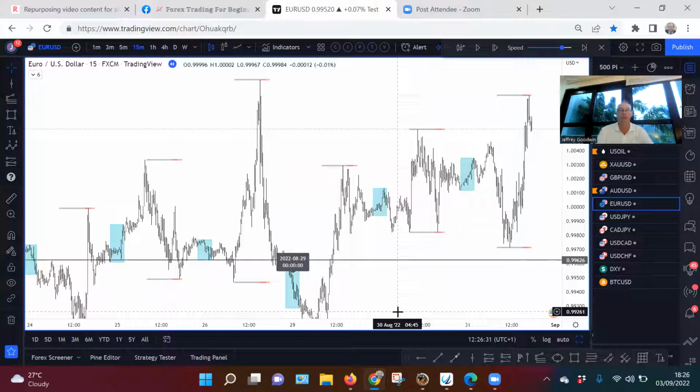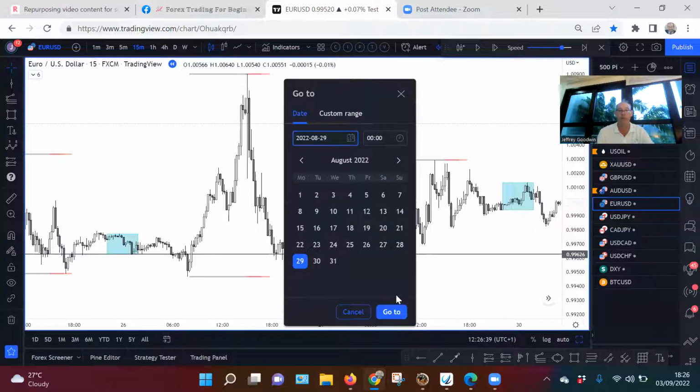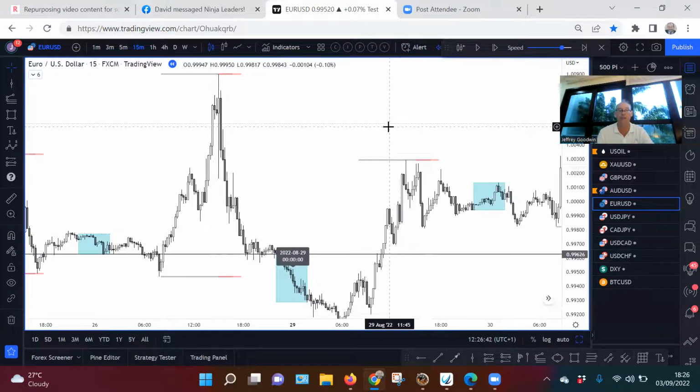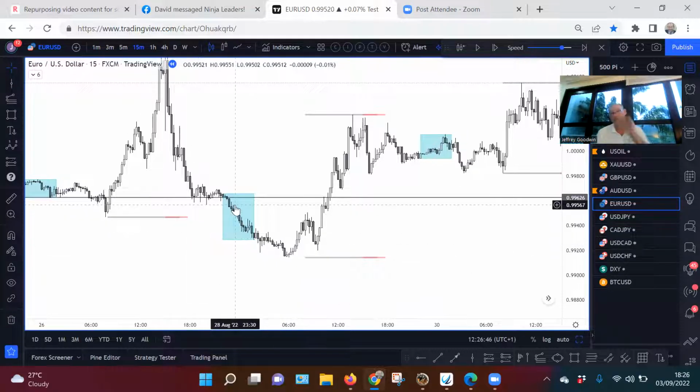Boom. Let me explain what these are. Let me just check what I said: the 29th. Let's find the 29th. There. So this here is the first 4 hours of the day, ladies and gentlemen, in this blue zone, and we're looking for price to pop out one way or the other.